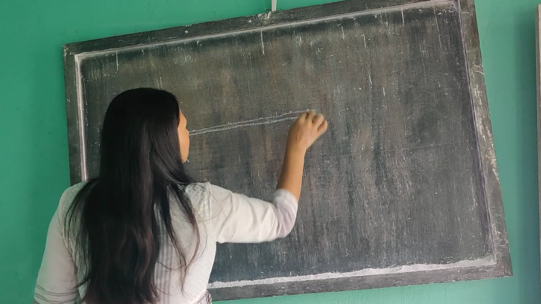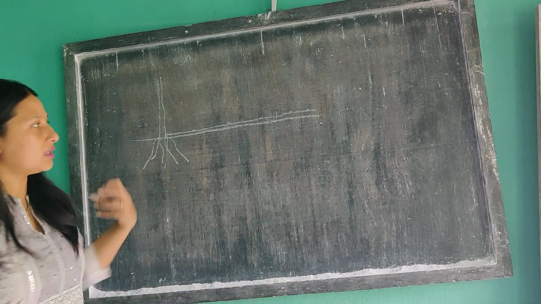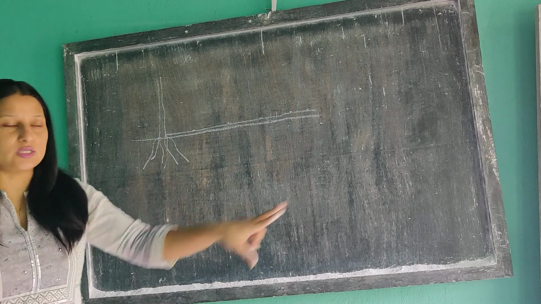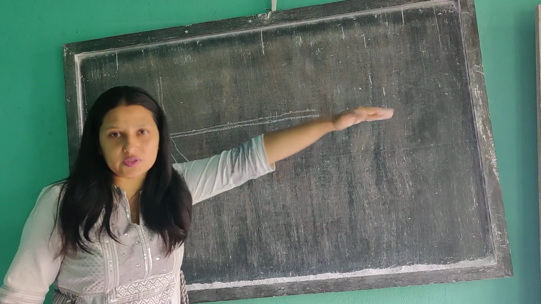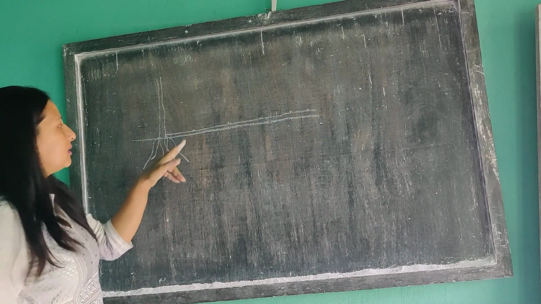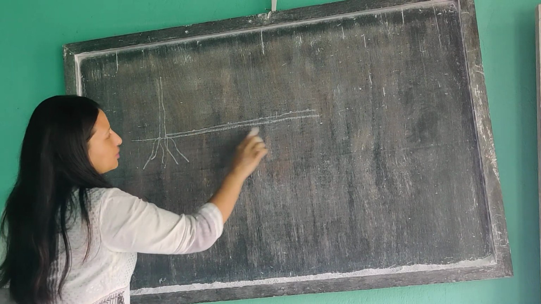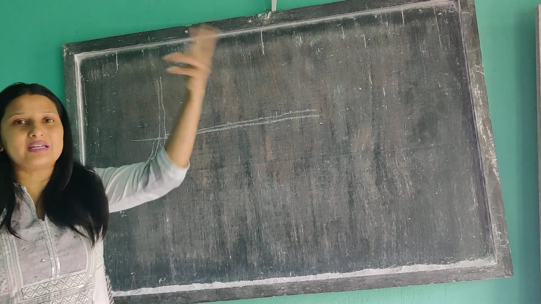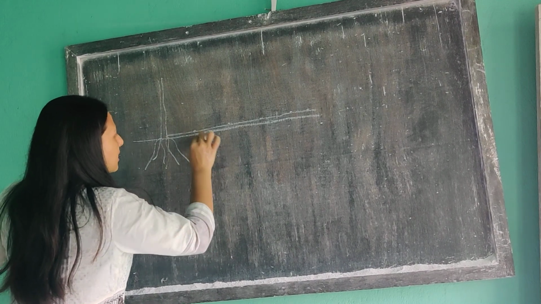From nodes, usually branches and leaves develop. Since this stem is lying horizontally on the ground, from the nodes, rather than developing branches or leaves, in certain plants roots develop.